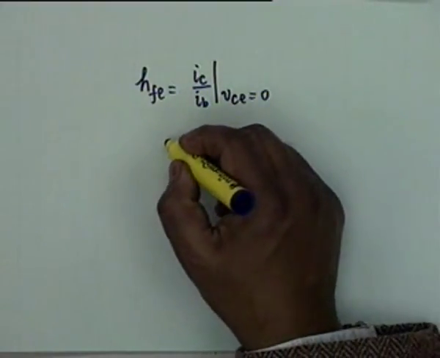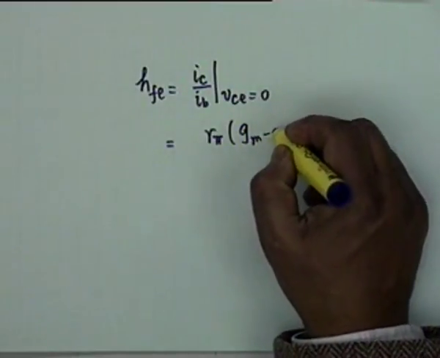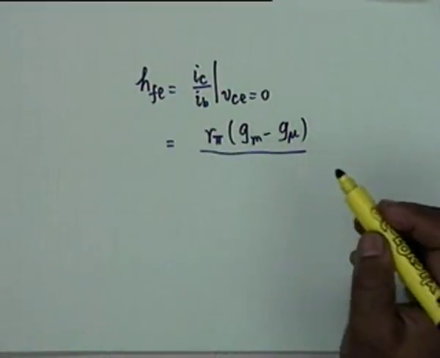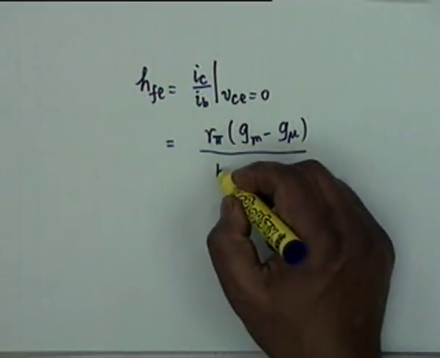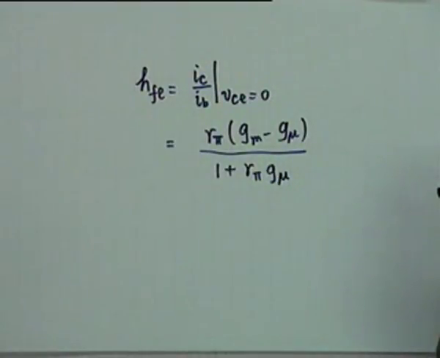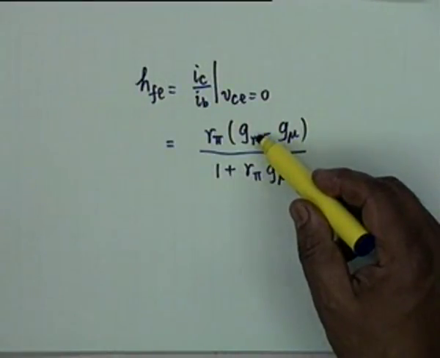You can show that this is equal to R pi Gm minus G mu. Again, G mu is 1 by R mu. I leave this to you to show, divided by 1 plus r pi g mu. And once again you see that g mu would be very small compared to gm.